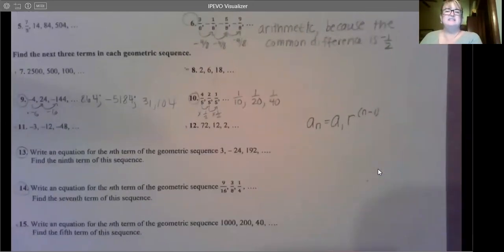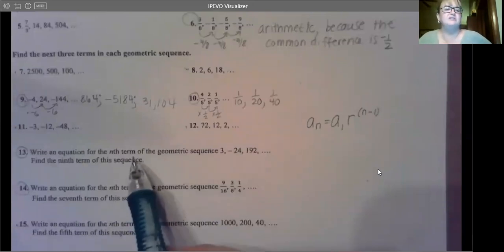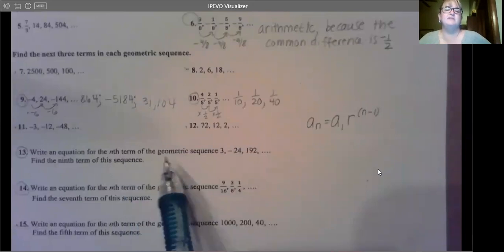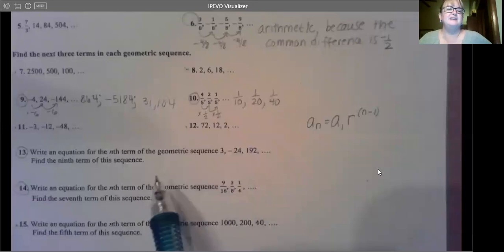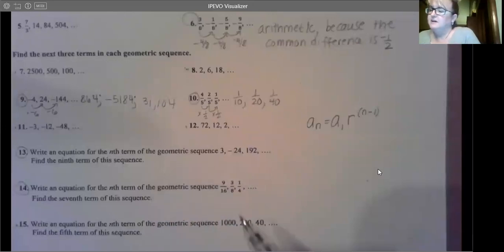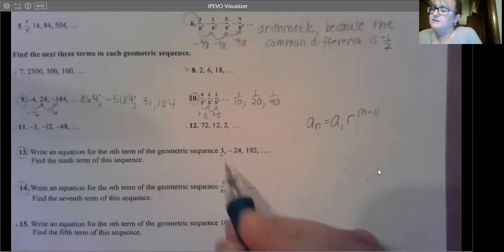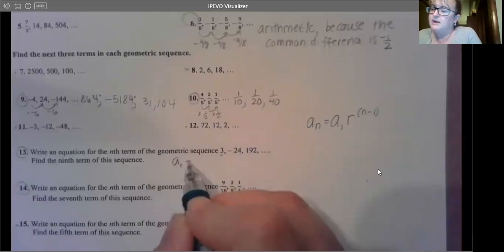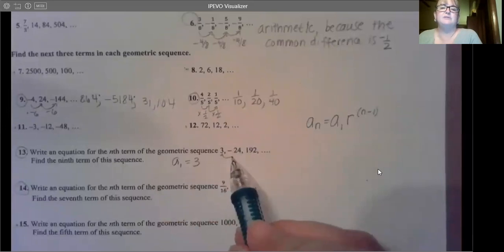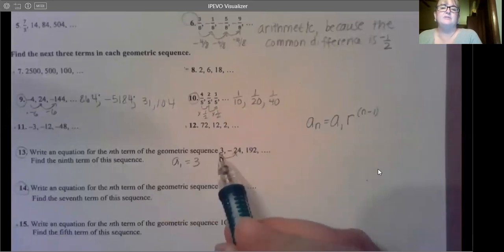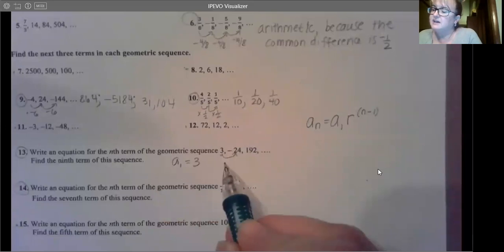So 13 says, write an equation for the nth term of the geometric sequence 3, -24, 192. Find the 9th term of this sequence. Okay, I already know a sub 1 is 3. It's the first term in our sequence. We got to figure out what's going on here. Well, 3 to -24 is times -8.